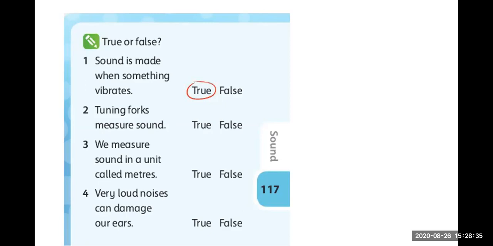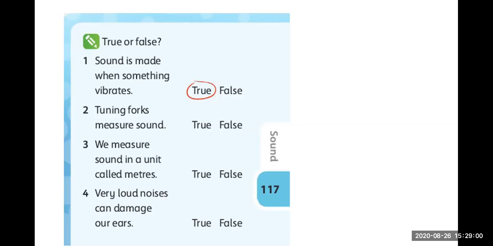Now question 3: We measure sound in a unit called meters. It is also false, because meters is the unit to measure height. As you know, it's not true. How will we measure? That is the question. Let's find out.